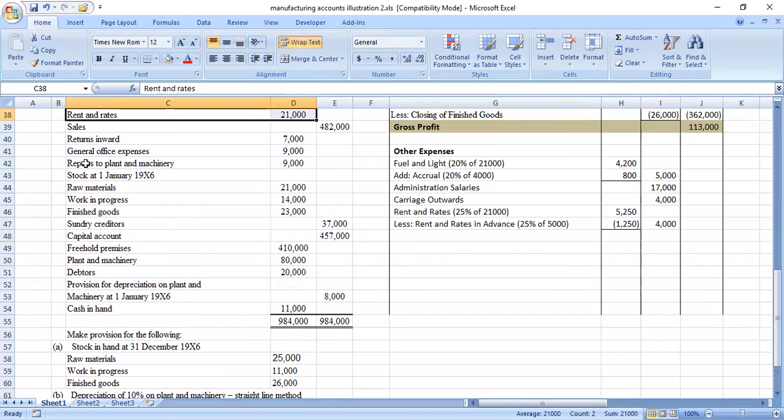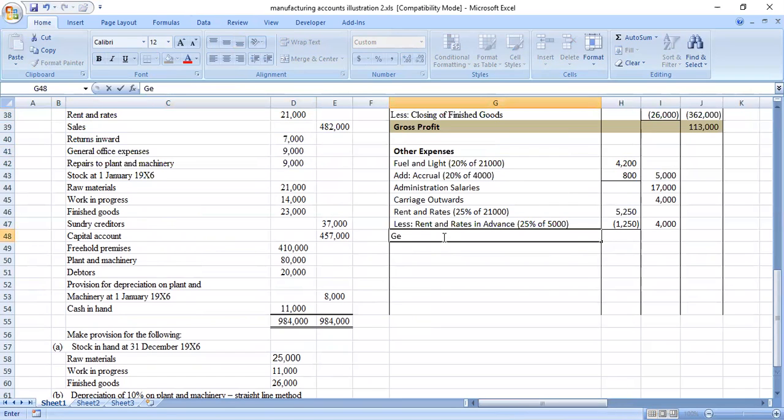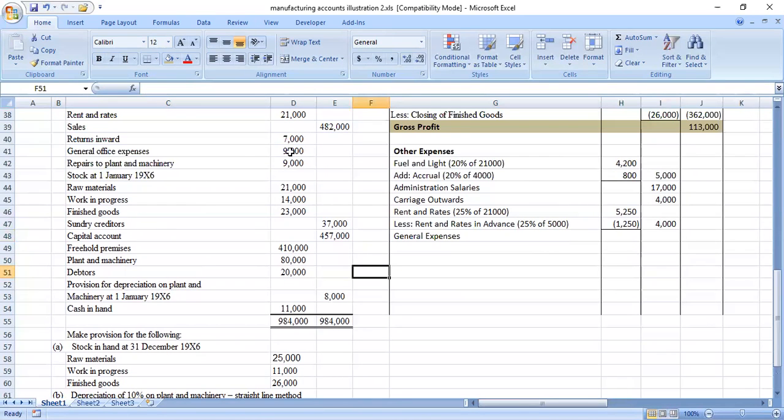So after rent and rates, the other expense we have is general expenses. General expenses, I don't think it has any additional information, so we take it as it is. After general expenses, we have repairs to plant and machinery.